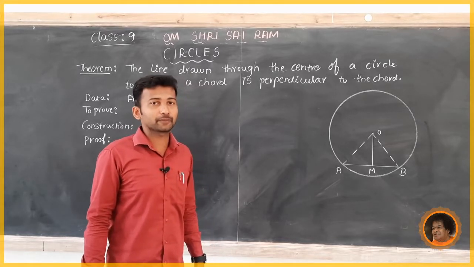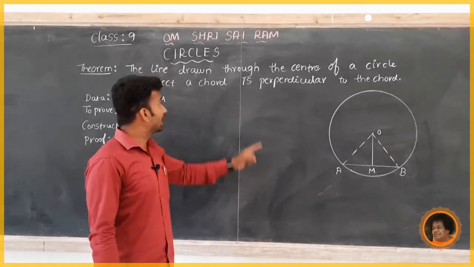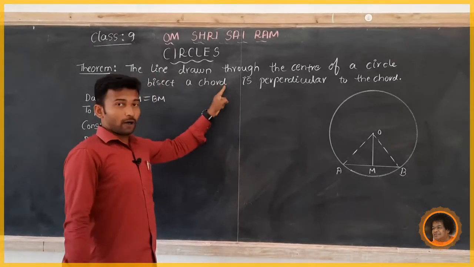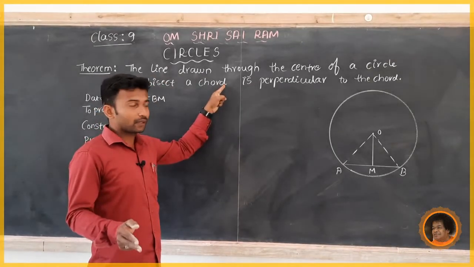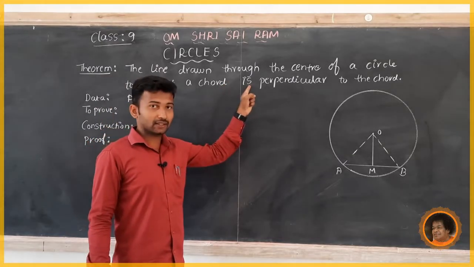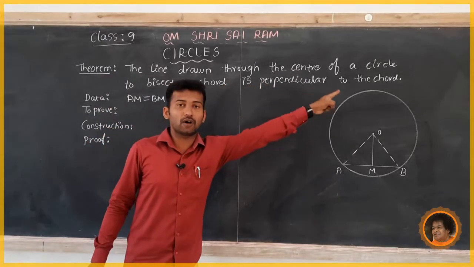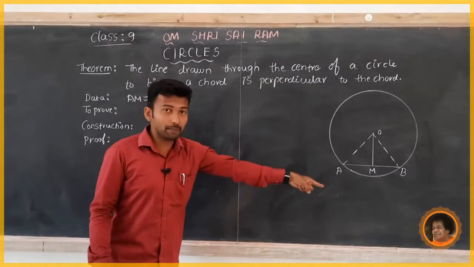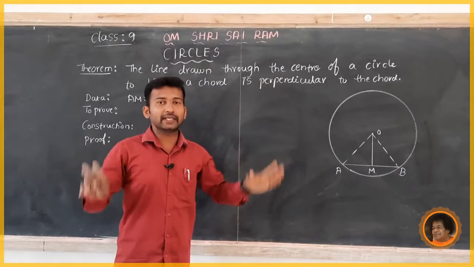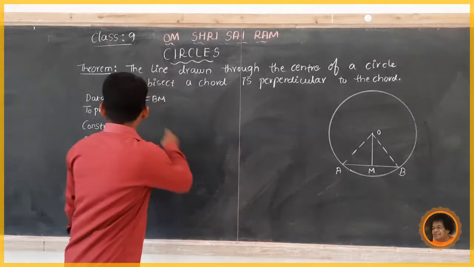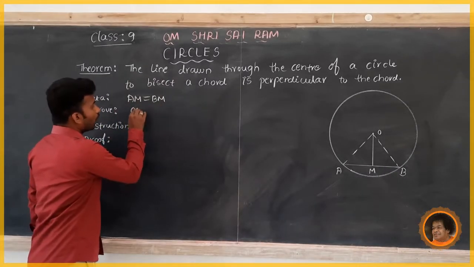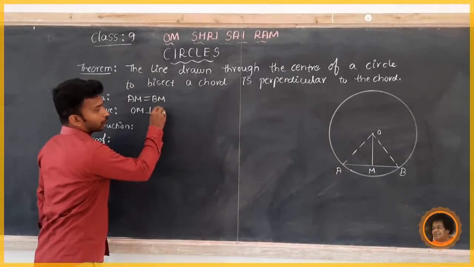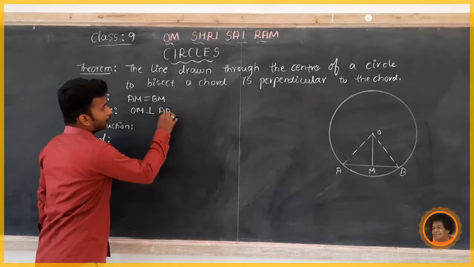What to prove? The line that bisects a chord is perpendicular to the chord. Which is perpendicular to the chord? OM perpendicular to AB. So, we have to prove OM perpendicular to AB.